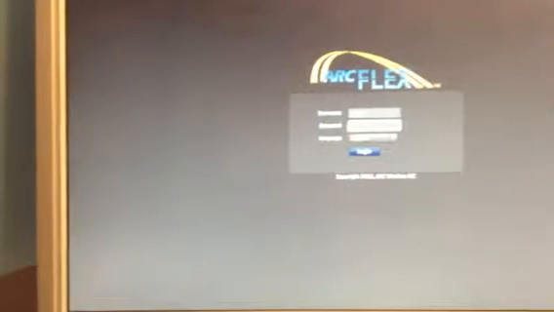Let's see what's going on in the UI. Okay, so it's still showing a good file system.